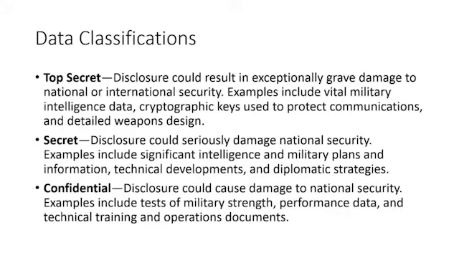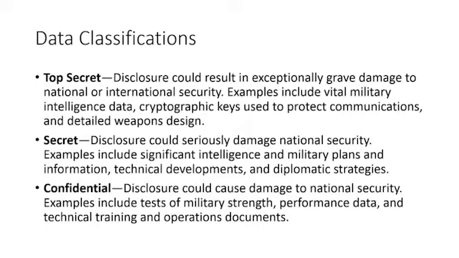So let's look at some of these data classifications. I've mentioned secret and top secret. If we have disclosure of top secret information, it could result in exceptionally grave damage to national or international security.